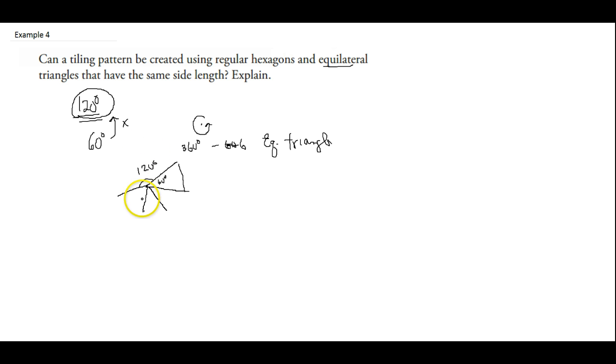And then we could put in 1, 2, 3, 4 equilateral triangles and 2 of the hexagons. Or we could put in 2 hexagons and 2 equilateral triangles. So there's a number of combinations that are possible. So yes, this is a combination that's going to work.